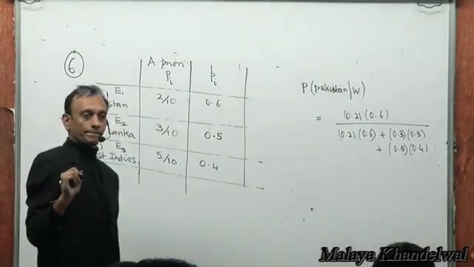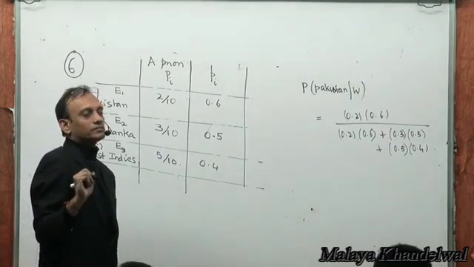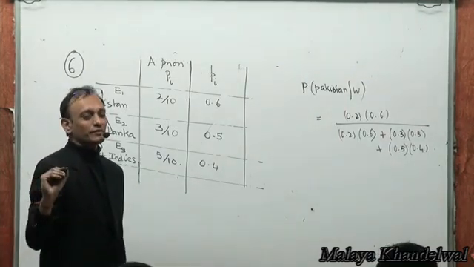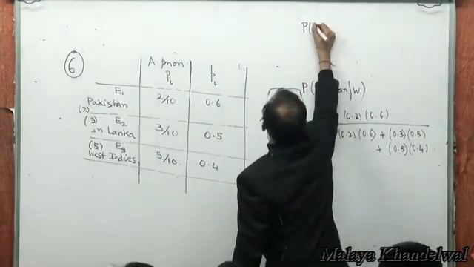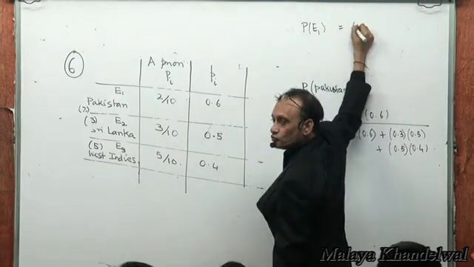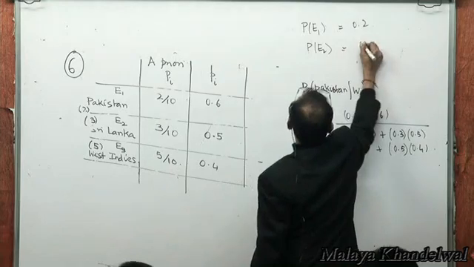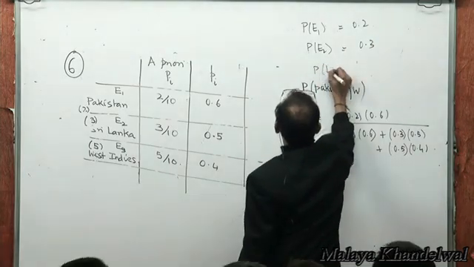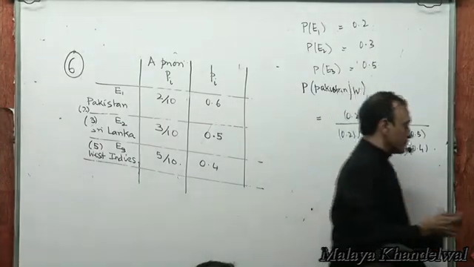Right? Now, for the sake of notation, bear with me. Probability of E1 is 0.2. A priori probabilities: E2 0.3, E3 0.5, right?